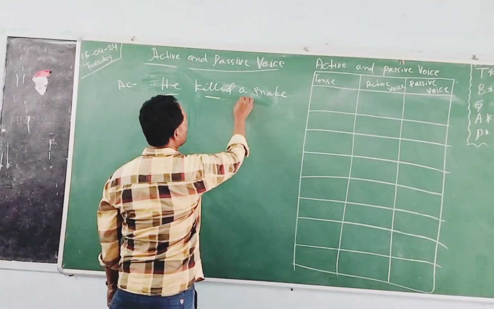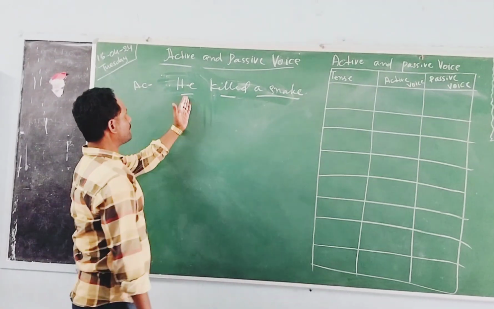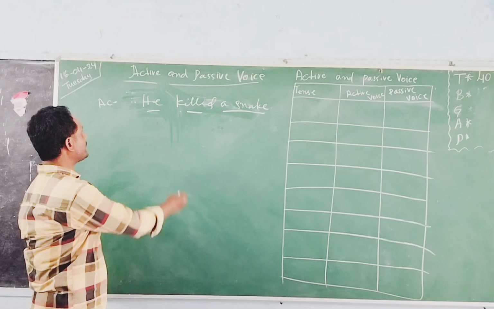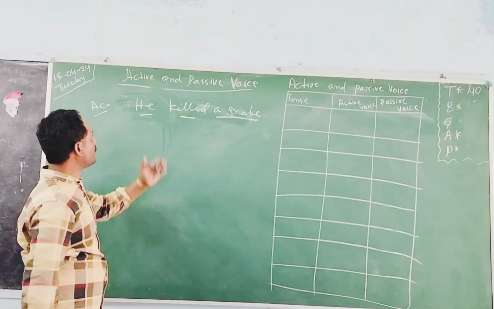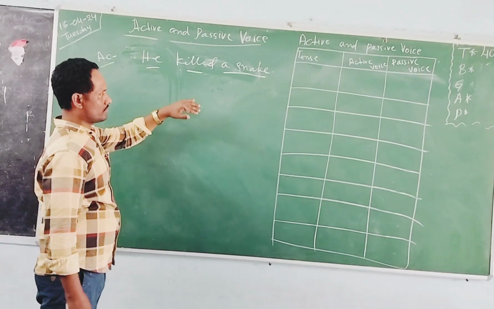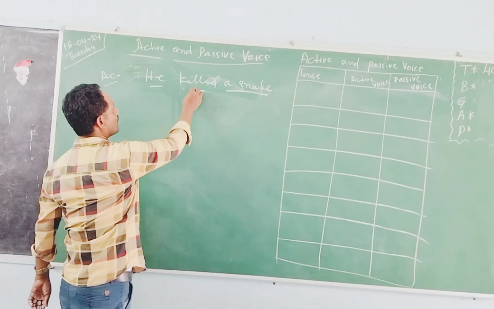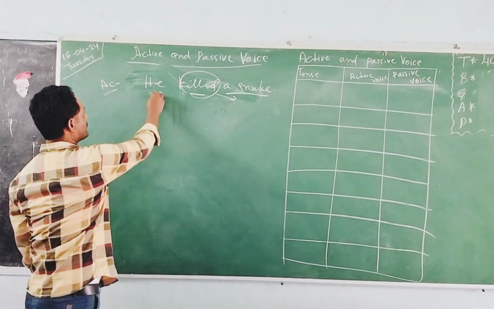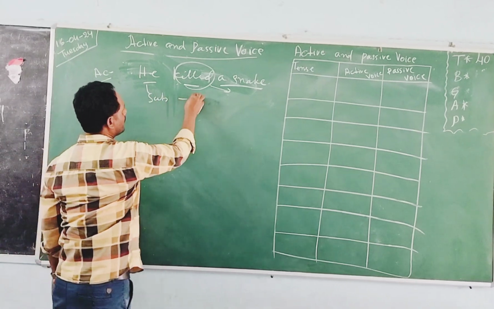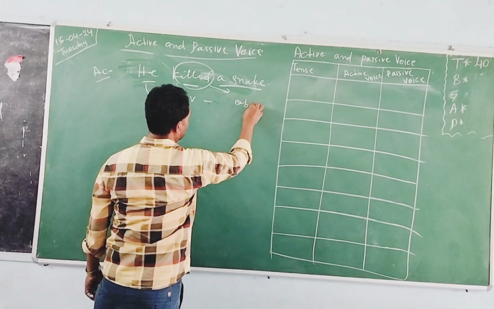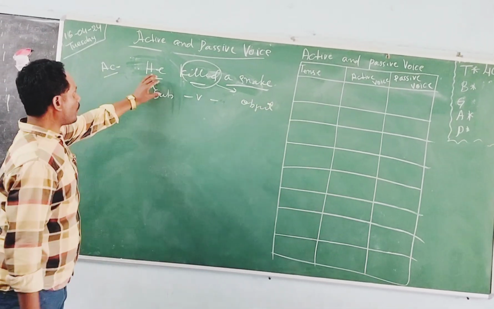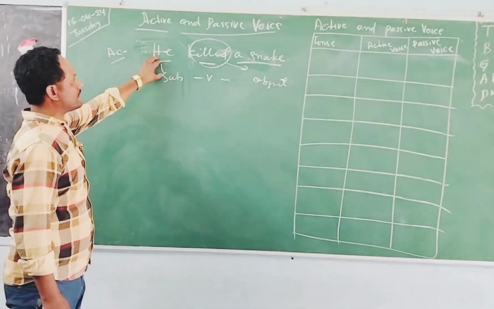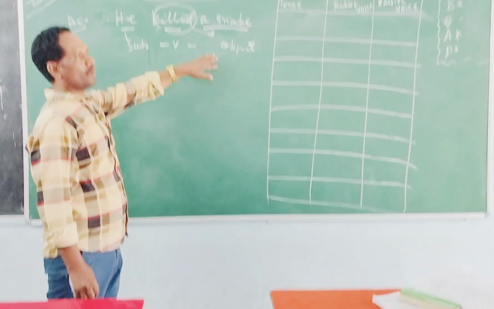Subject, verb, object. So what is the active voice? We are giving importance to the subject. What the subject is doing. That means the action is done to the object. So this is the subject, verb, and object. We are giving prominence, importance, to the subject. What the subject is doing to the object.